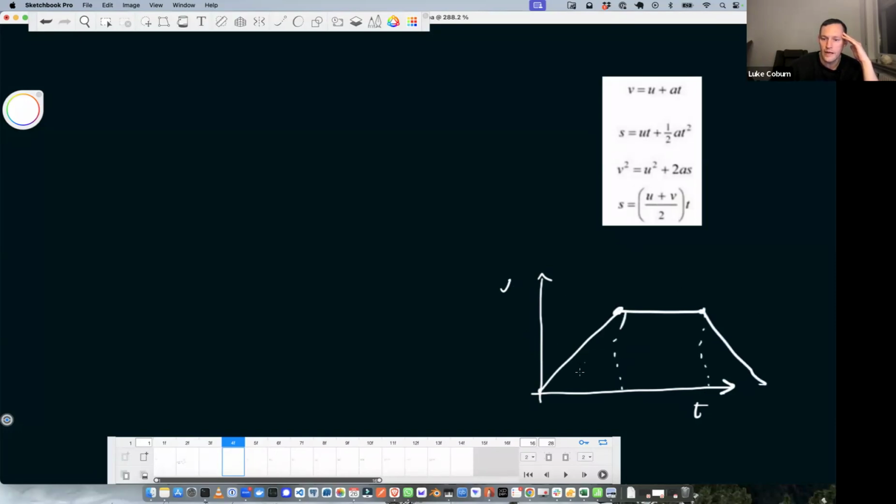You're going to work out this will be S1, this will be S2, this will be S3, and so on. And as I say, you're going to need u, v, a, s, and t. So u is the initial velocity, the velocity that you start with. v is the final velocity. a is the acceleration. s is the displacement, and t is the time.